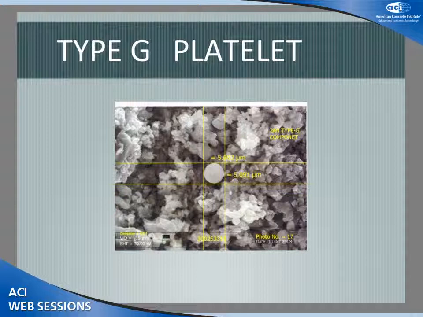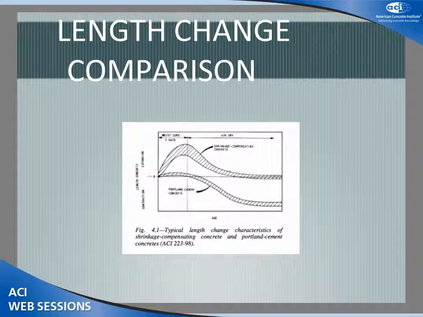Growth of the calcium hydroxide platelets will cause compressive stress to build up in the concrete if the concrete is properly restrained. Shortly after reaching maximum growth, both the Type G and the Type K expansion mechanisms start to relax and dissipate during the drying shrinkage phases of the concrete.